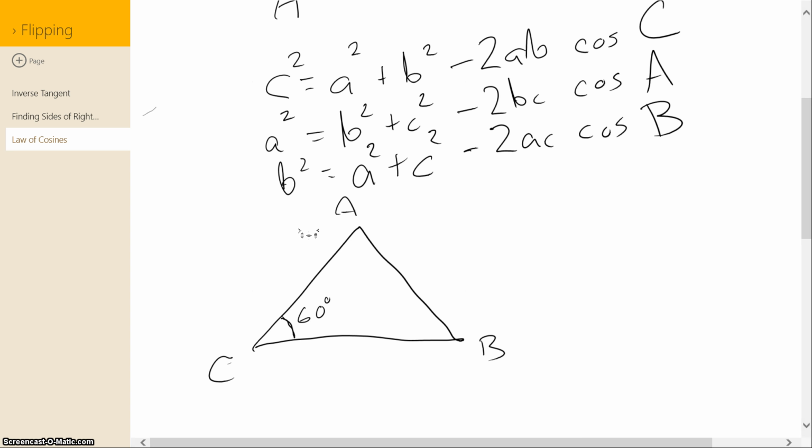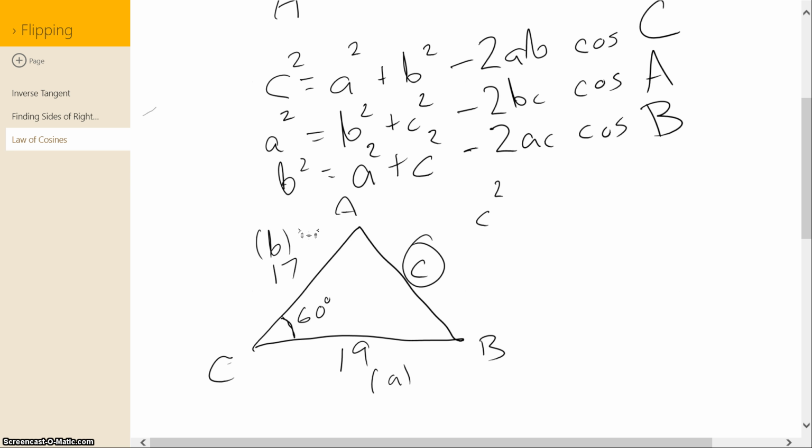And we know that this side right here is length 17, and let's say this one down here is 19. Okay? This is going to be little a because it's across from our A, and this 17 is across from our big B, so this is little b. And what we want to find is this side, little c.